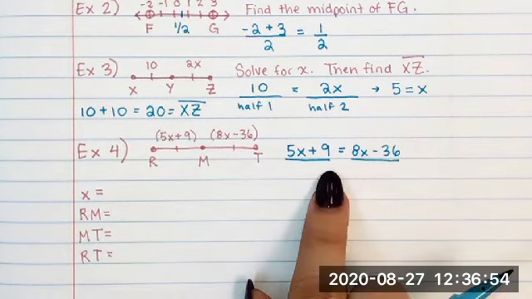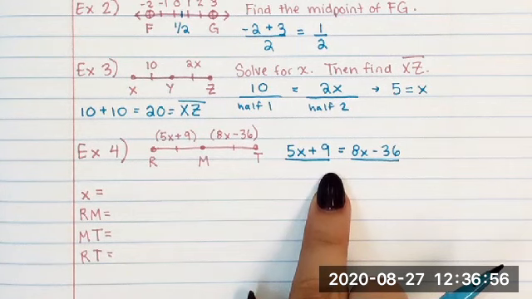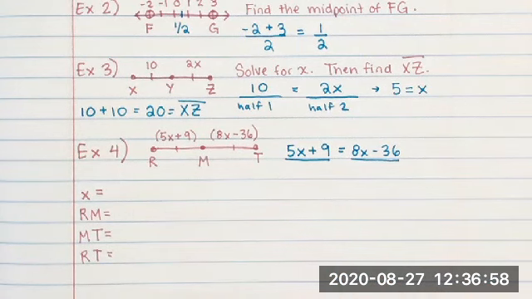Now from here, we have to solve the equation. And that's when I say, hey, you should definitely look back at your notes, because we solved an equation just like this when we were solving multi-step equations on page 3.